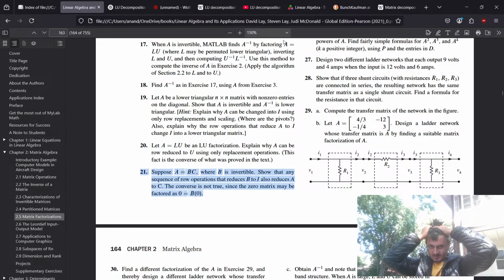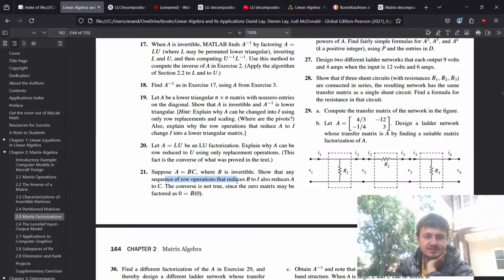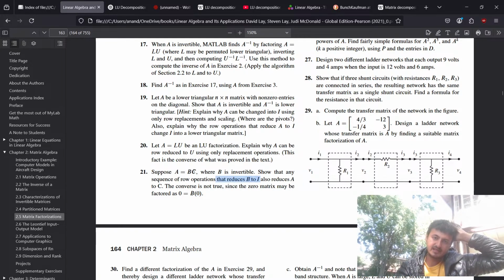So my answer is that since we know B is invertible, and there's a sequence of row operations that reduces B to I, then you can write those elementary row operations as a single matrix, the product of all of the elementary ones. So then you have B inverse B is equal to I. Now, if you multiply that on the left, you get B inverse A is equal to C. But is that the same operations?